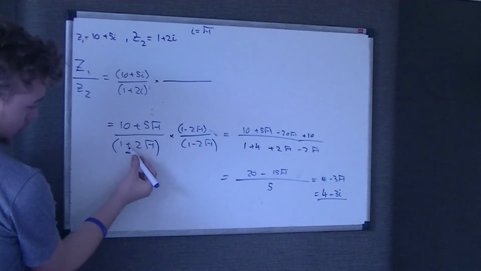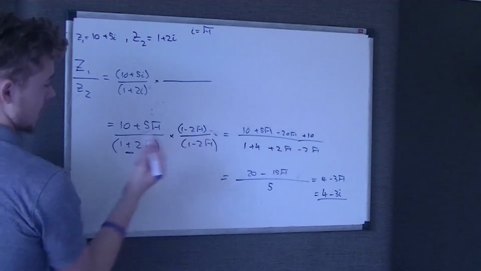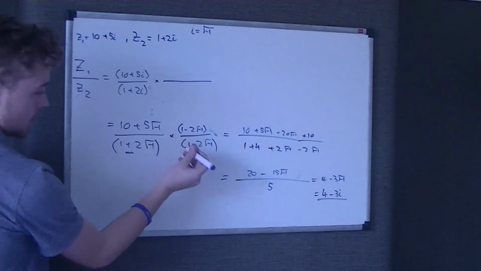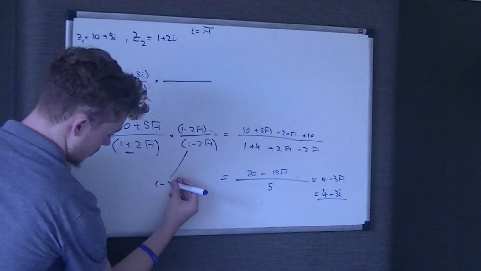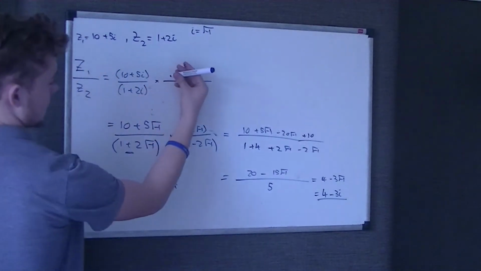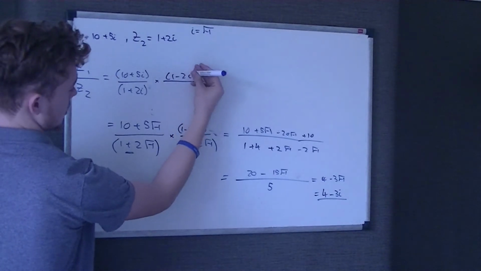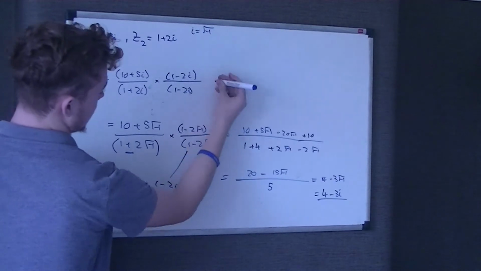Now this 1 plus 2 root minus 1 becomes 1 take 2 root minus 1. Therefore, because we can rewrite 1 take 2 root minus 1 as 1 take 2i, because the sign in front of the imaginary number has changed, that's 1 take 2i over 1 take 2i. Expand this out as we did in the previous question.